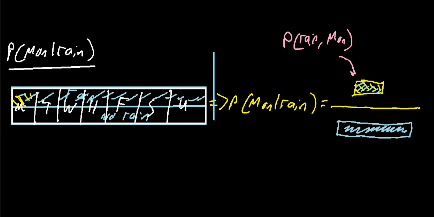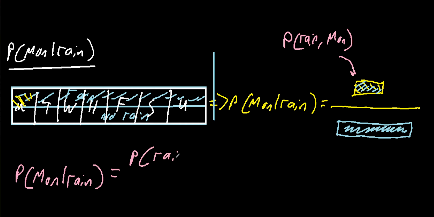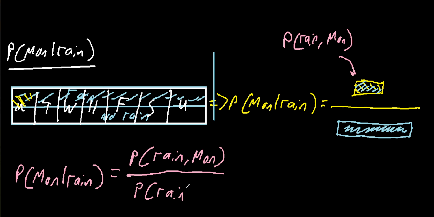So one way of writing the conditional probability, in this case the probability of Monday given rain, is the joint probability divided by, in this case, the probability of rain.